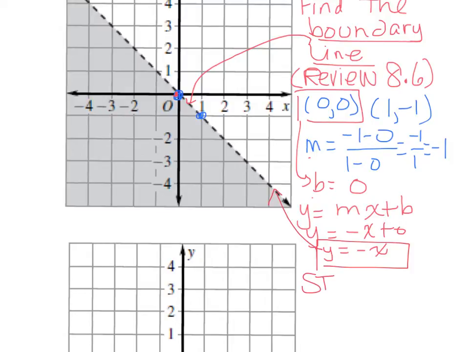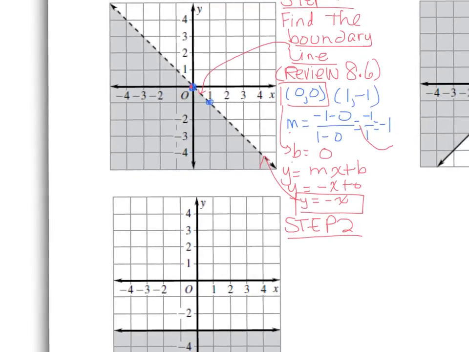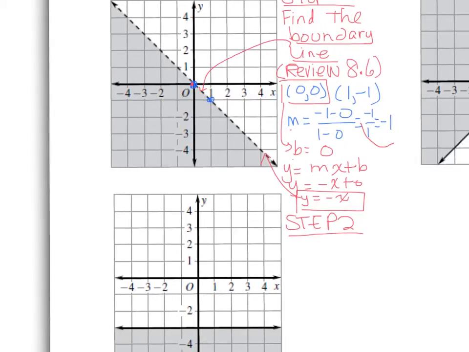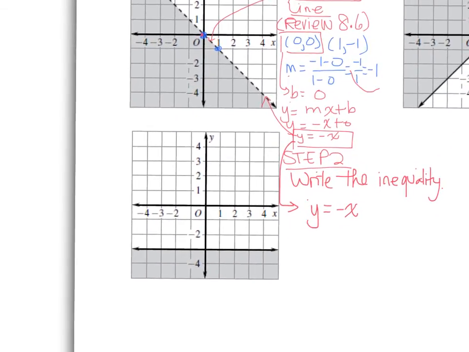Step 2. Write the inequality. I'm going to take this boundary line down here, and I either have to change it to y greater than -x, or y less than -x.